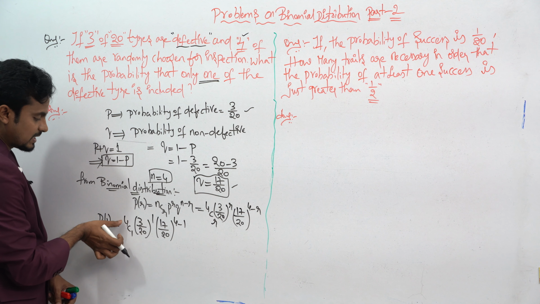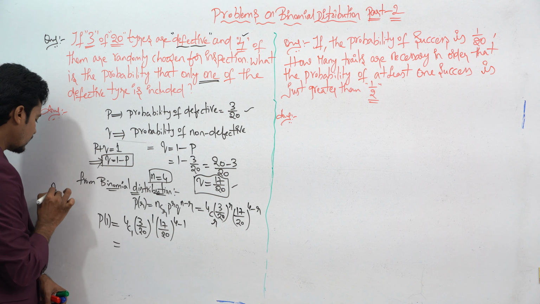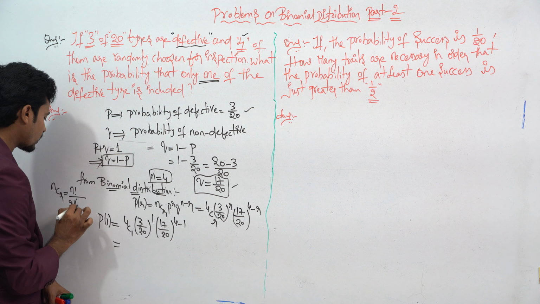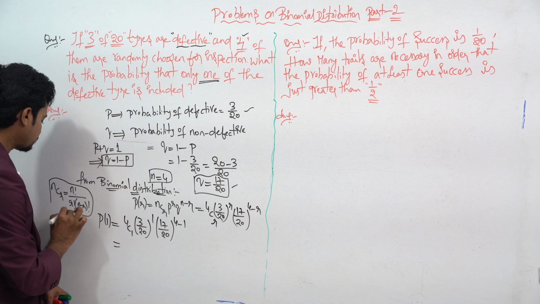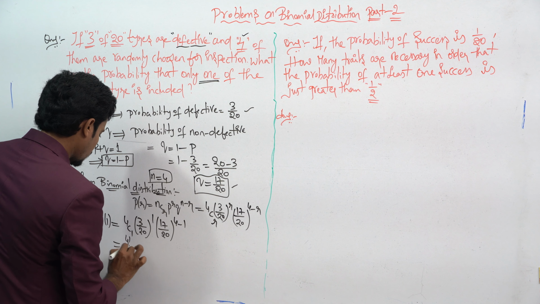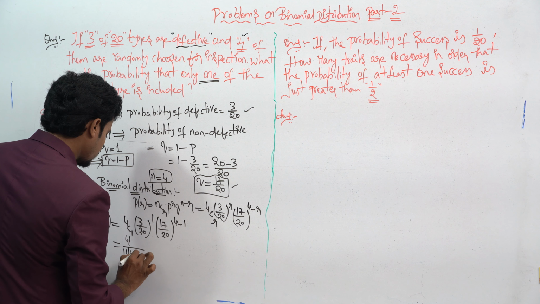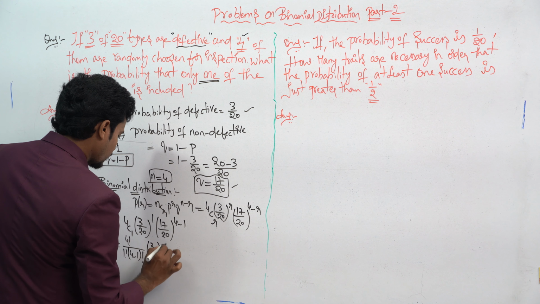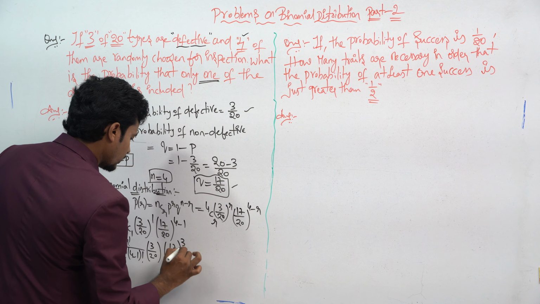Here this is in the form of nCr, which is equal to n factorial by r factorial into n minus r whole factorial. So 4 factorial divided by 1 factorial into 4 minus 1 whole factorial, times 3 by 20, times 17 divided by 20 whole cube.